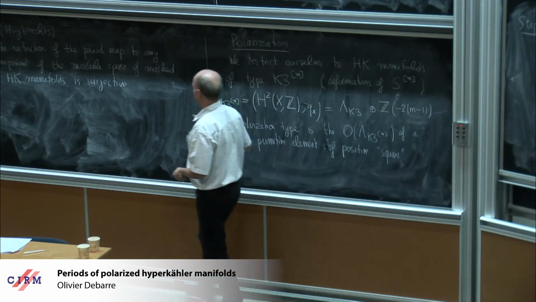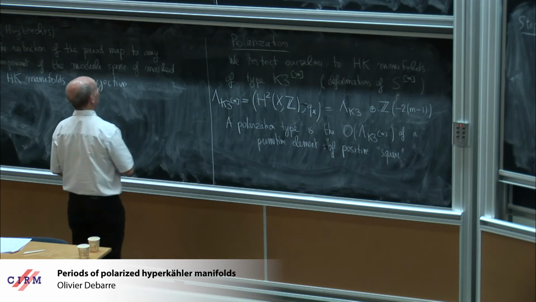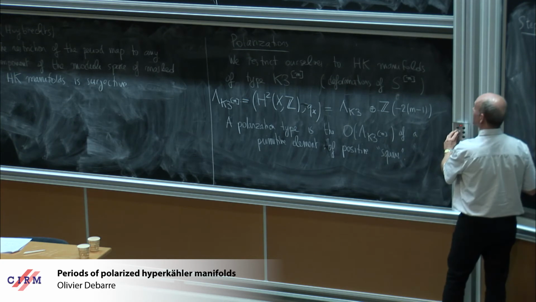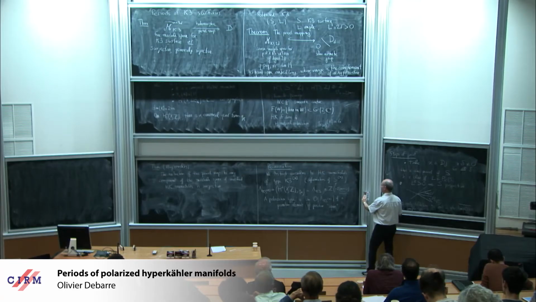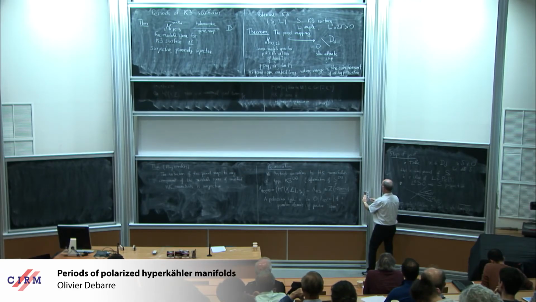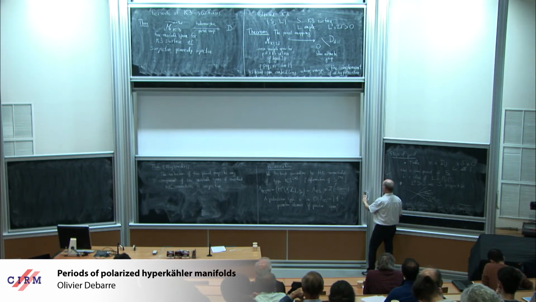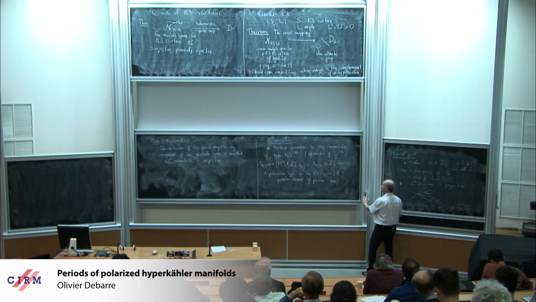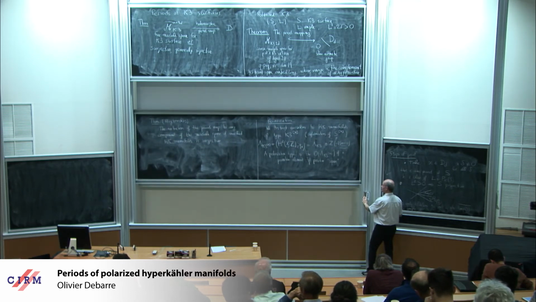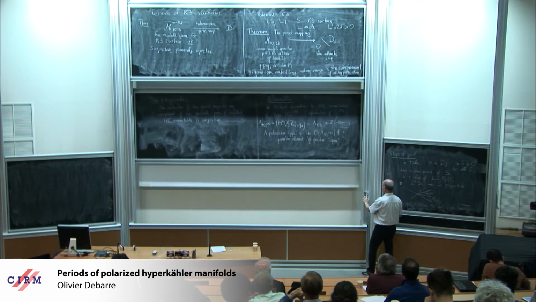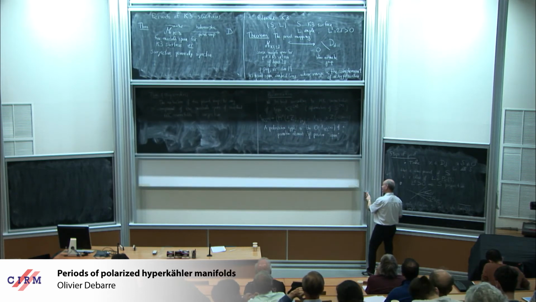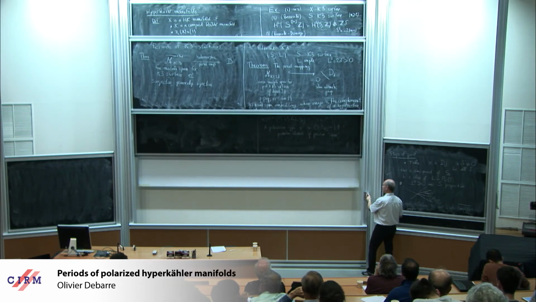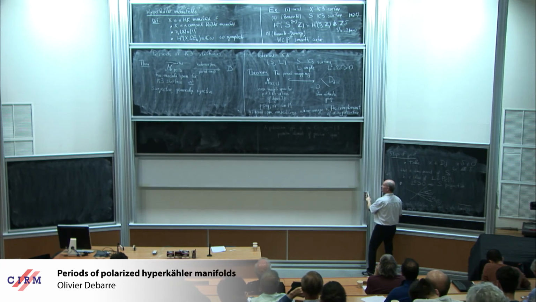So contrary to the case of K3 surfaces, the square itself is not enough to determine the orbit.